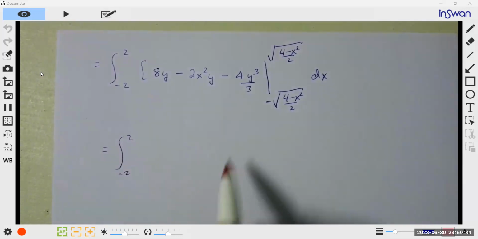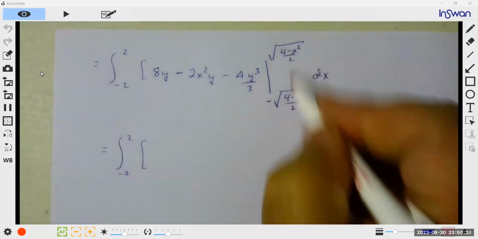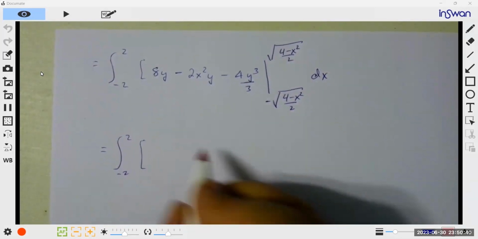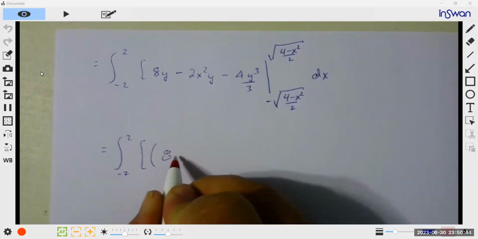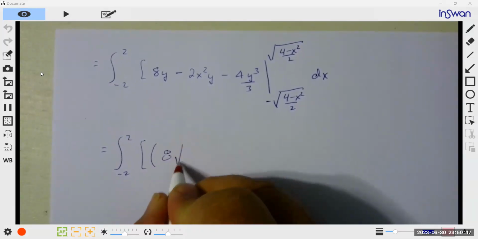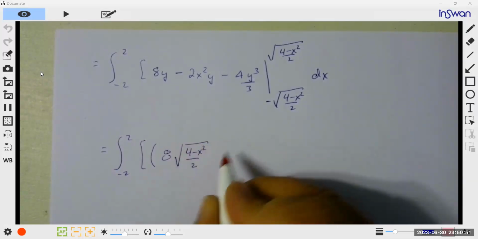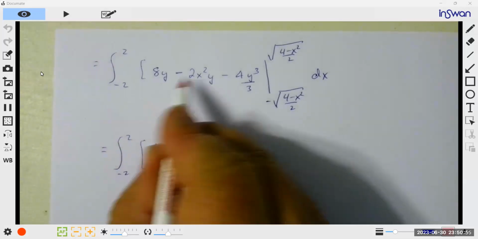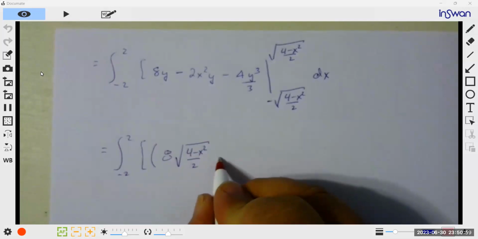All right, now we have to do the bounds. So the first one is 8 times radical 4 minus x squared over 2. Actually, since these are both x and y's, we can just go ahead and combine both of those. That's okay, we'll just do it this way.